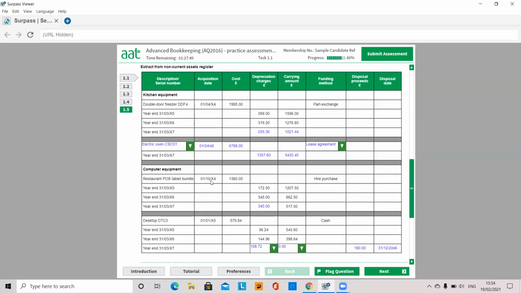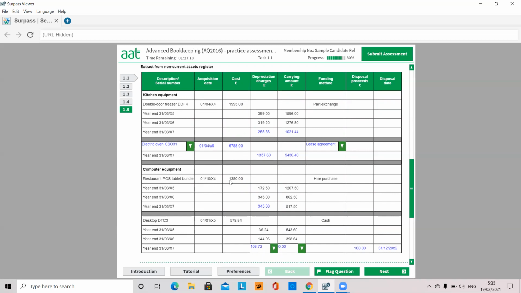So this was purchased on the 1st of the 10th in 2004. So our year end is March. So we've got April, May, June, July, August, September. Yeah, so end of September is 6 months.